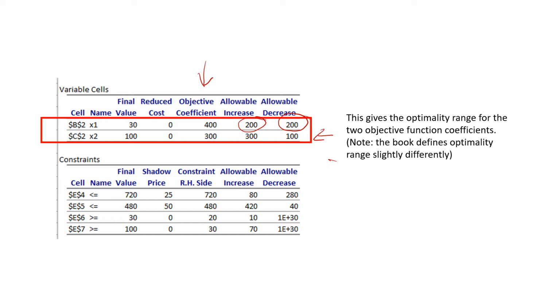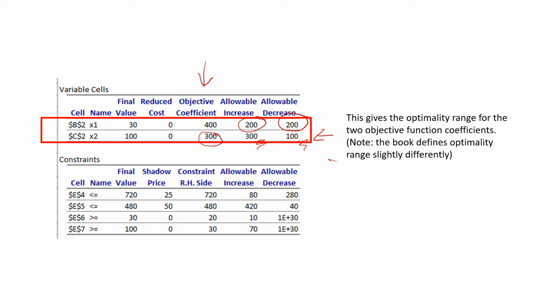Again, for the second type of car, it says, oh, sorry, I was thinking 400. Yeah. It says that my profit is $300 per car. I'm allowed to increase that up as far as $600 without making a change. I'm allowed to drop it to $200 per car before I have to make a change.